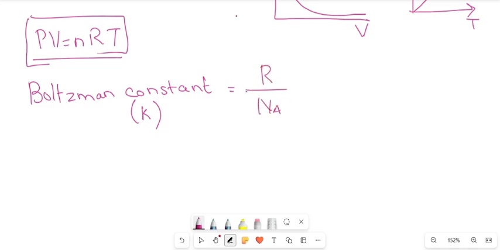I hope you remember that Na is the Avogadro constant. So k equals R over Na. This is a formula that you need to learn. In nRT, n is the number of moles, and R is a constant as well.